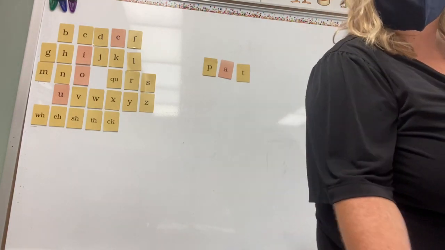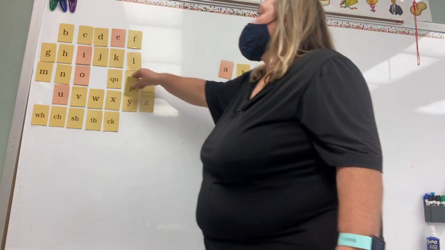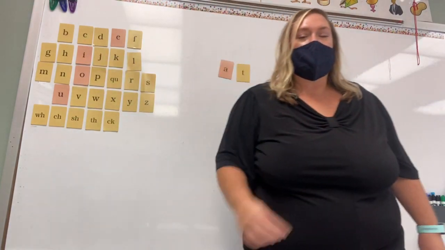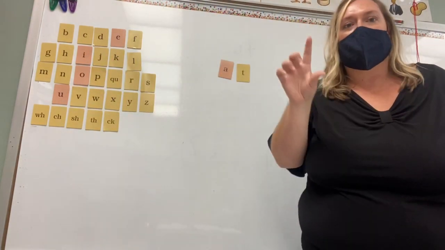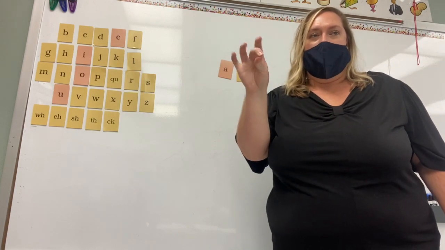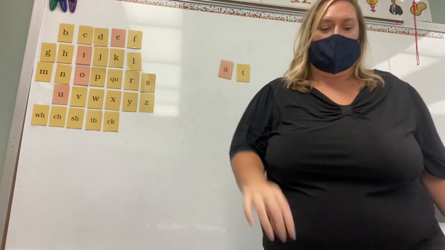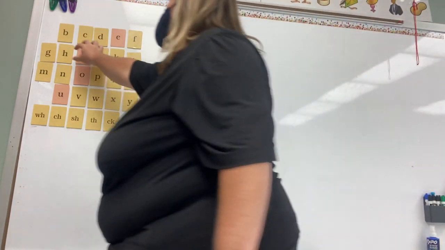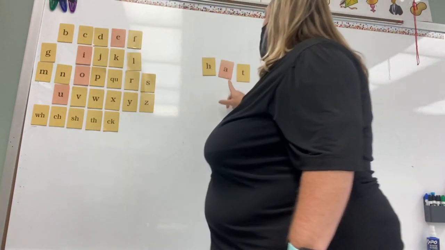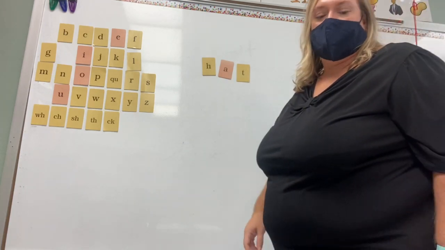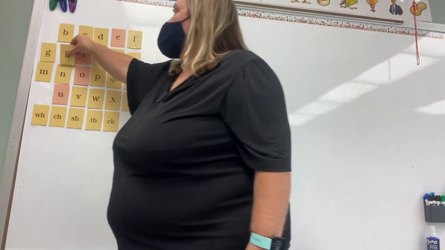Okay, go ahead and put the P back. And the next word is going to be hat. H-A-T. So we'll go ahead and put the H-A-T. Hat. And put our H back.